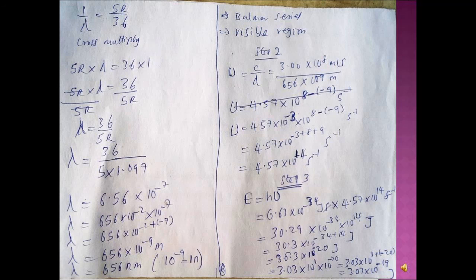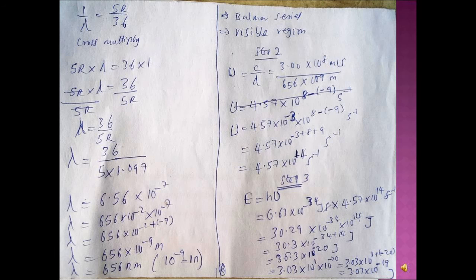Then step 3 is to calculate our energy. Energy equals Planck constant times frequency. And we'll use the frequency from step 2. So you bring Planck constant, which is 6.63 times 10 to the power minus 34. Then times our frequency that we just calculated, which is 4.57 times 10 to the power 14.